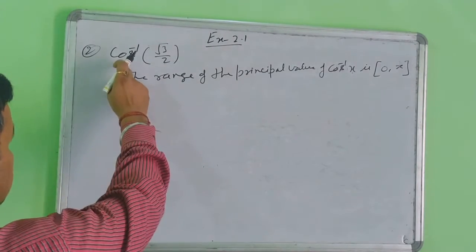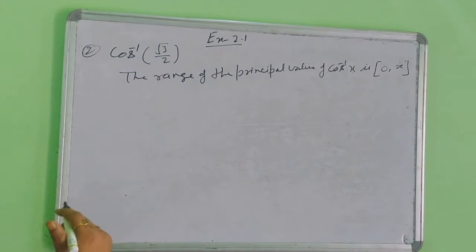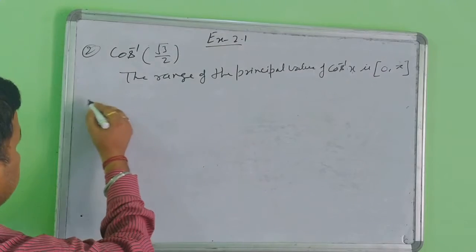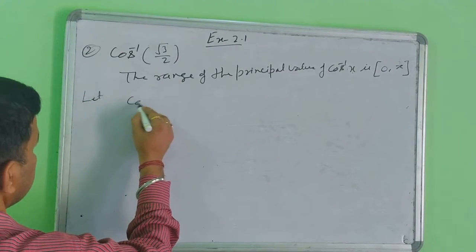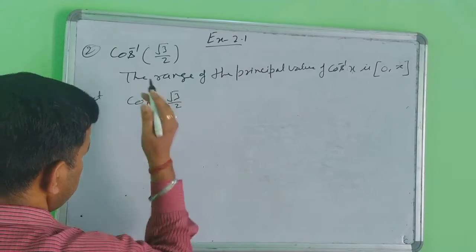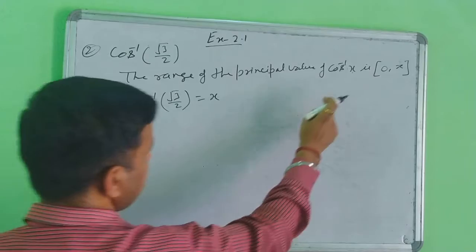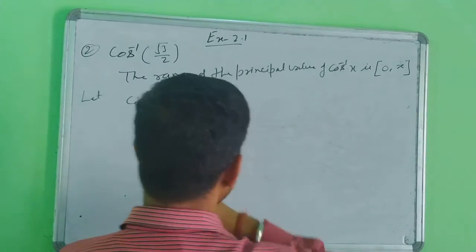we will start with cos inverse root 3 by 2. Now you can write here cos inverse root 3 by 2 equal to x, because you are writing x here.